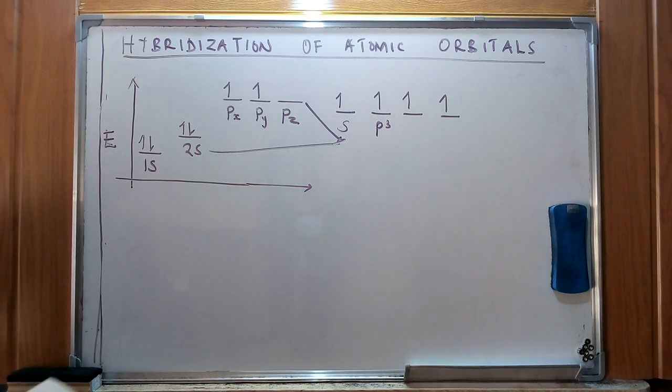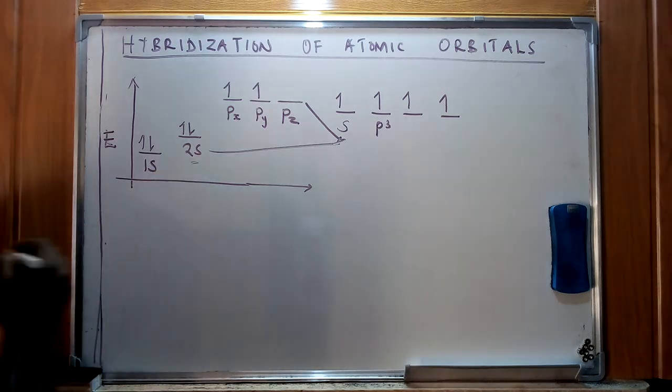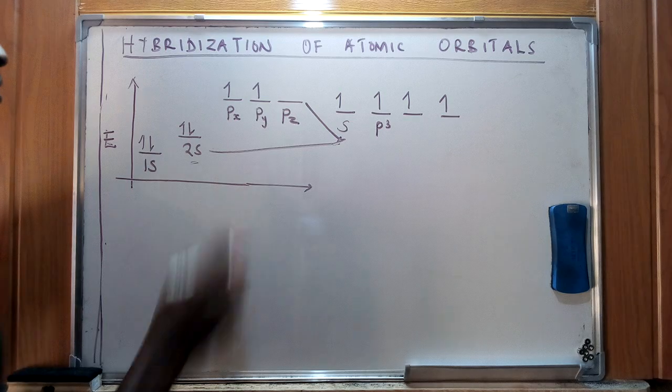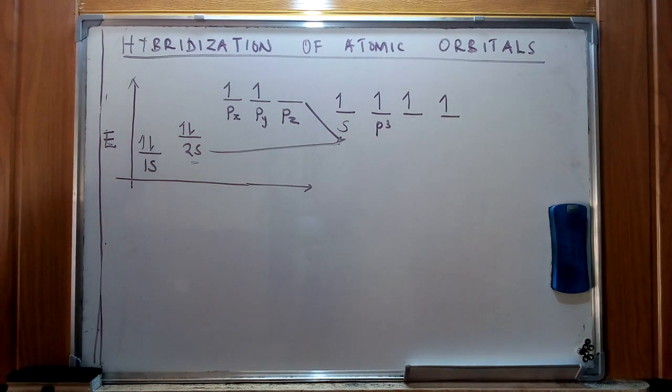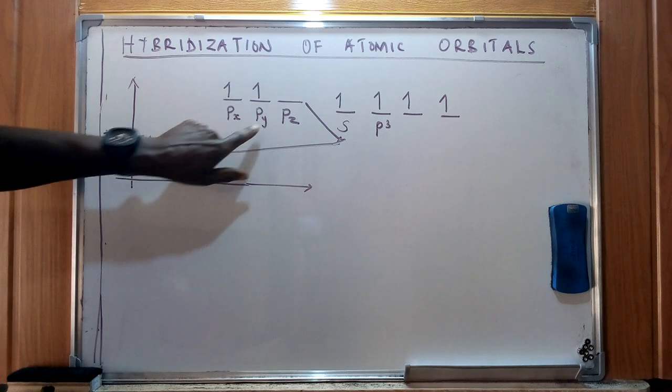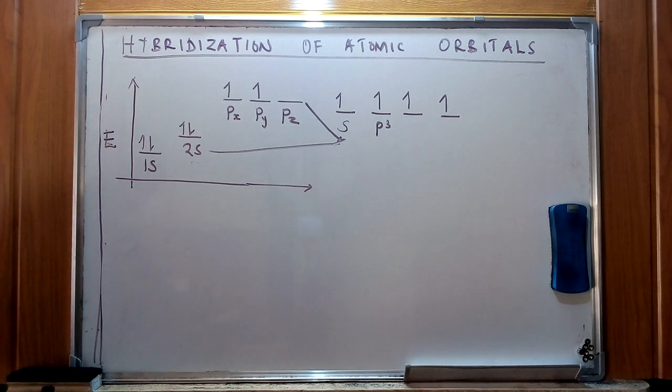And of course, in trying to look at these two s orbitals, one is going to be excited, and this one electron is going to move into this empty shell. Therefore, there's going to be hybridization of these two sets of orbitals, which are the 2s orbital and the 2p orbitals, which are forming the valence orbitals in that particular case.